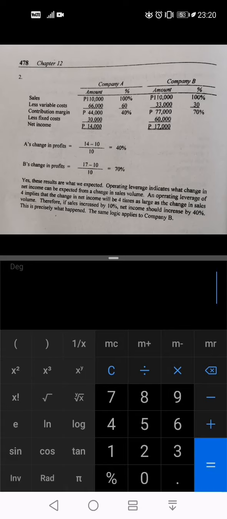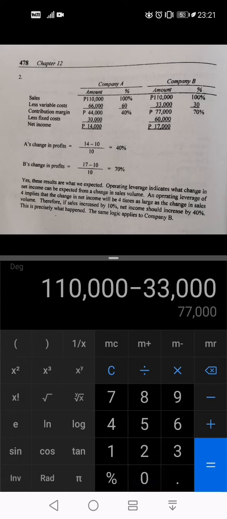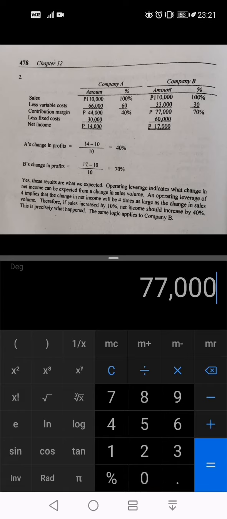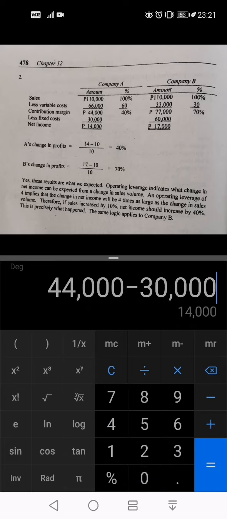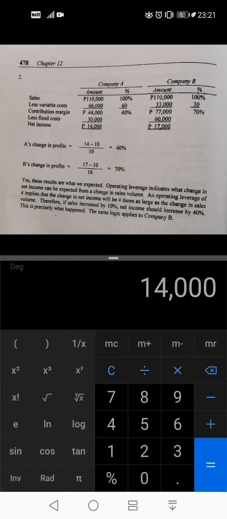Same with company B: 110,000 less 33,000. There you go, you get the contribution margin of 77,000, which is 70%. Then you subtract the fixed cost. For company A, the contribution margin of 44,000 less the fixed cost of 30,000 equals the net income of 14,000.